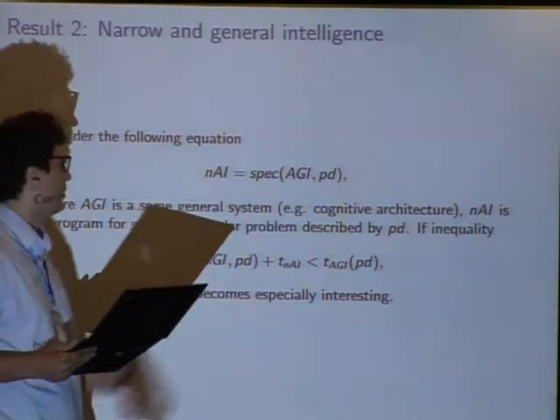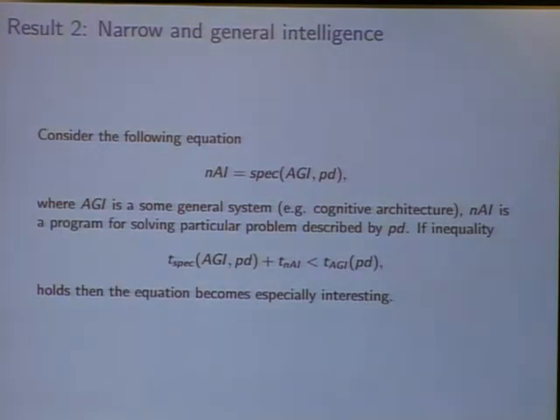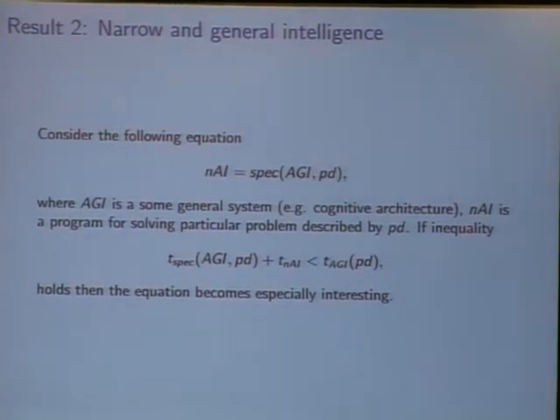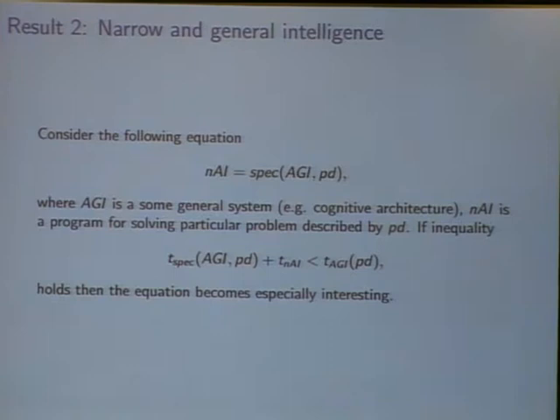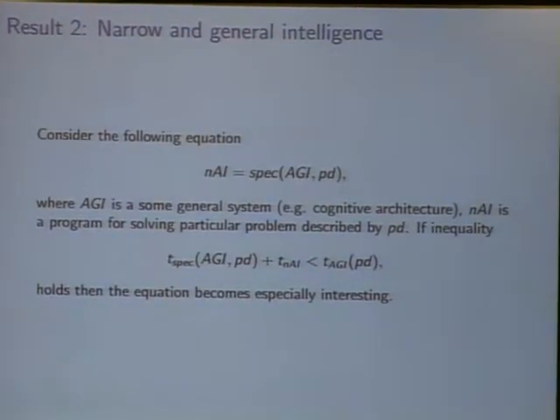Here PD is the problem description. It is pretty interesting because according to the equation we can obtain, for example, suppose we have general game playing software, and we have a formal description of the game of chess. According to this equation, we can obtain an optimized chess program by using specialization.